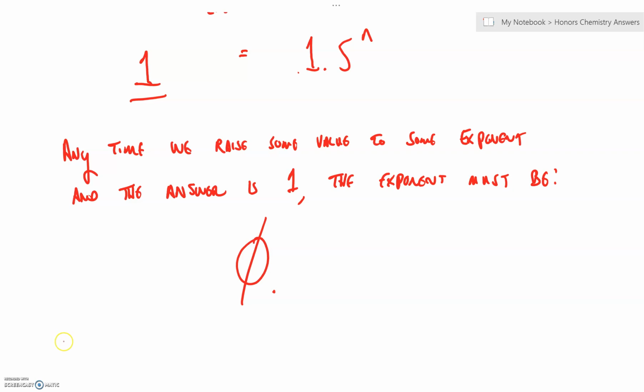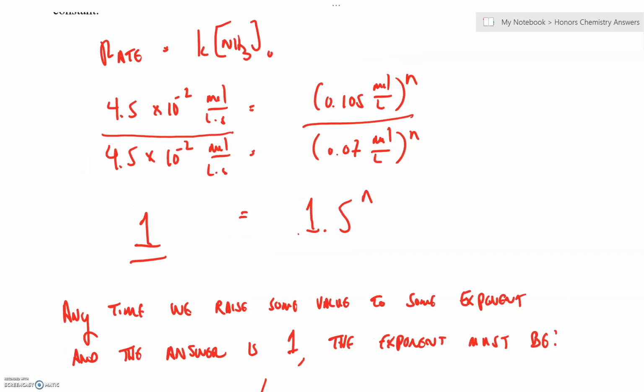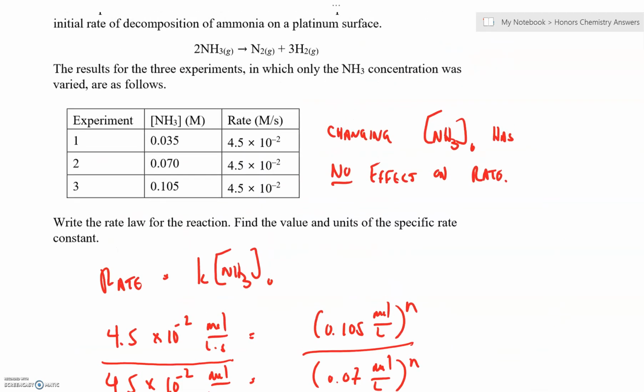And that means that the value for n is 0, what we call a zero order reaction. Because as we've said, changing the concentration has no effect on the rate. So n has to be 0.